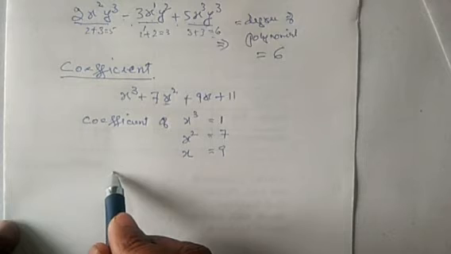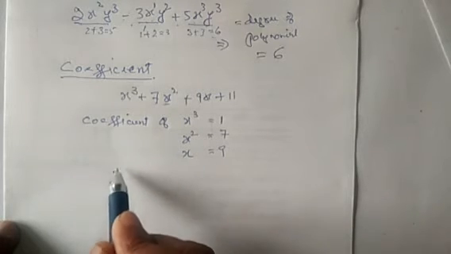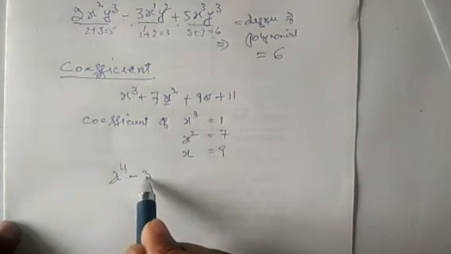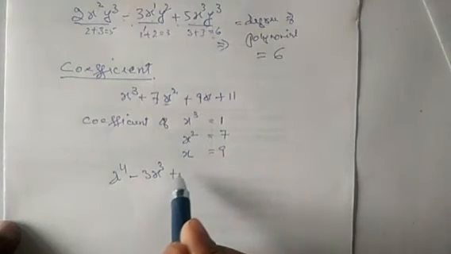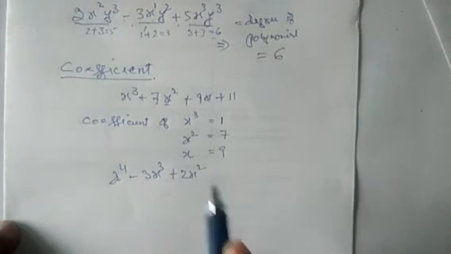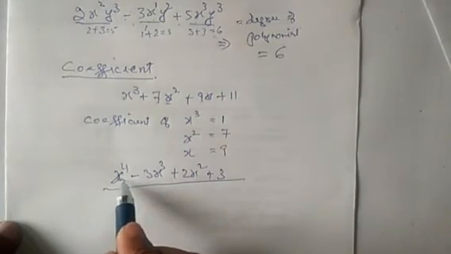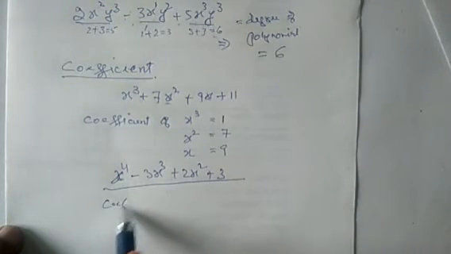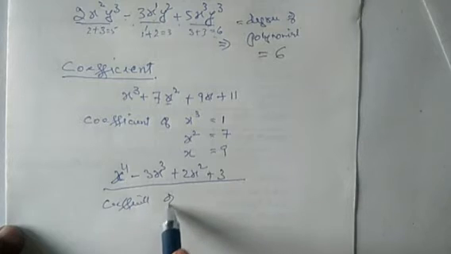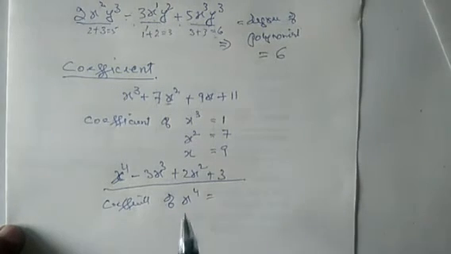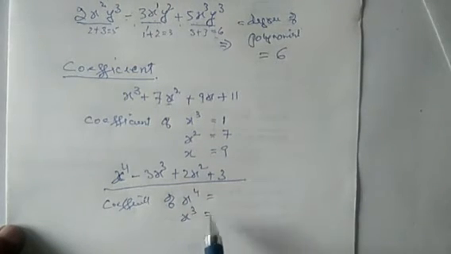Suppose the equation is in a different way, suppose x to the power 4 minus 3x cube plus 2x square plus 3. Now suppose I say find the coefficient of x to the power 4. Coefficient of x cube you tell me, coefficient of x square you tell me.